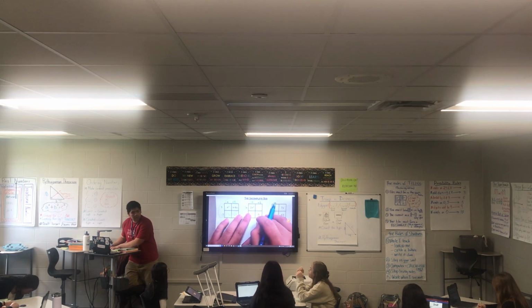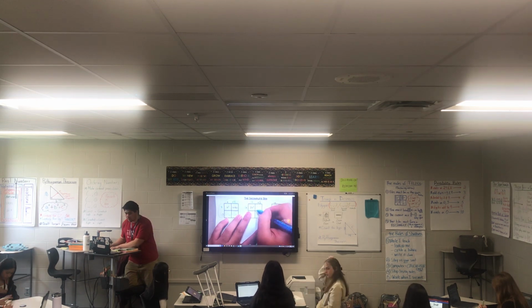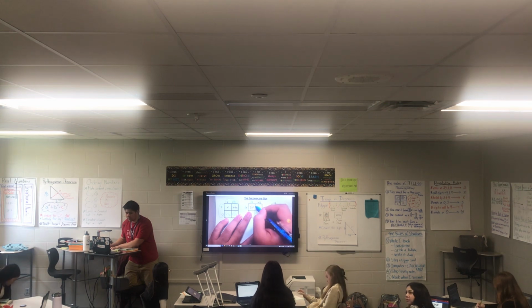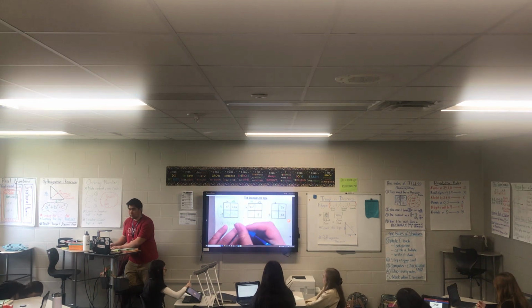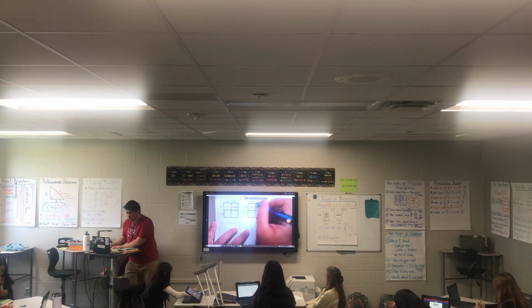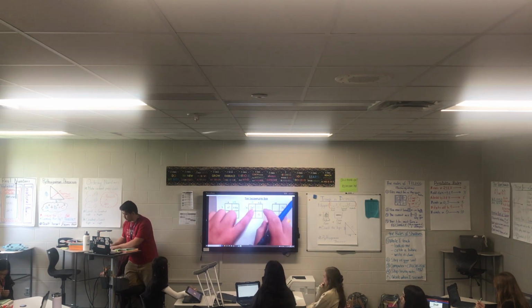Okay, now let's go with Tommy. Tommy, what do I get in this box? I have 1x and 5. 5x. 5x, multiplied, gives me 5x. Let's go with Rodolfo. Okay, let's look at this one.